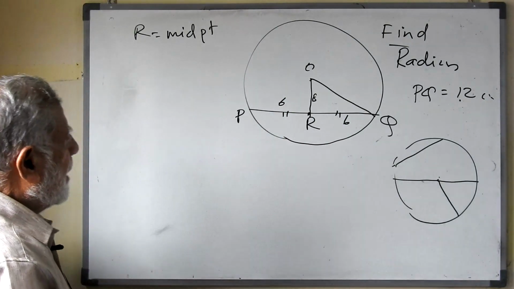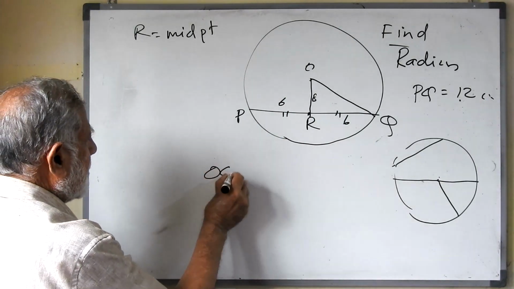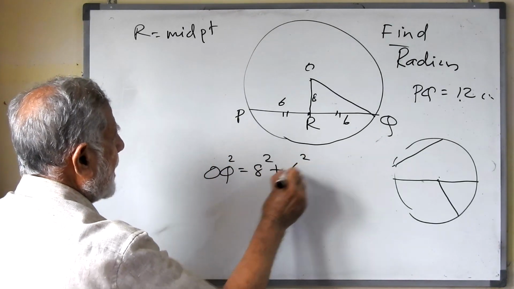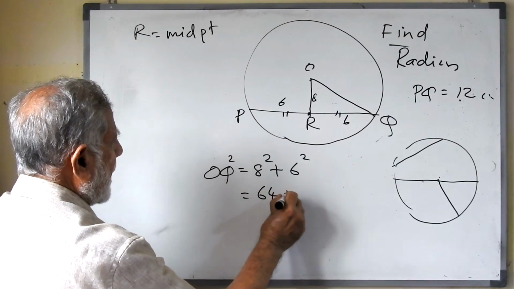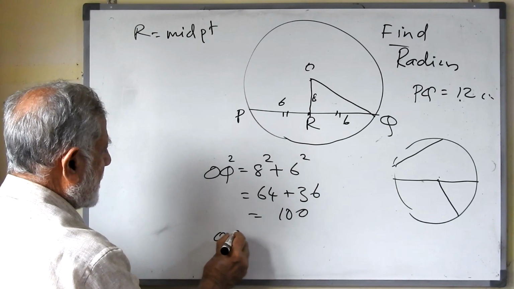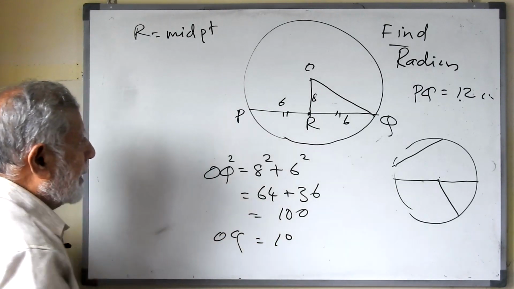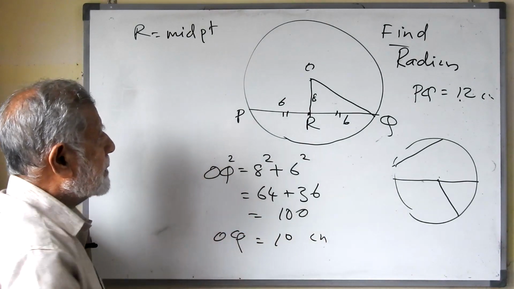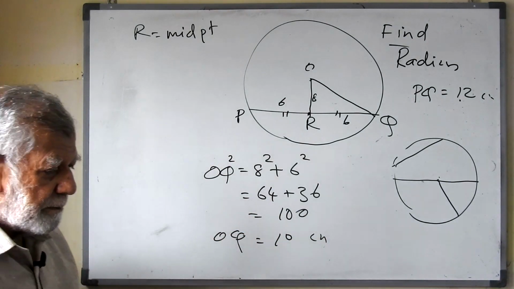Applying the Pythagoras theorem, OQ squared is equal to 8 squared plus 6 squared, that is 64 plus 36, which equals 100. Therefore, OQ equals 10. So, the radius of this circle is equal to 10.